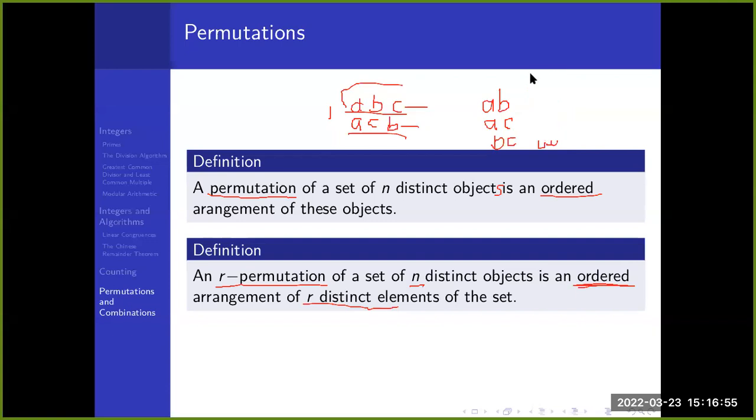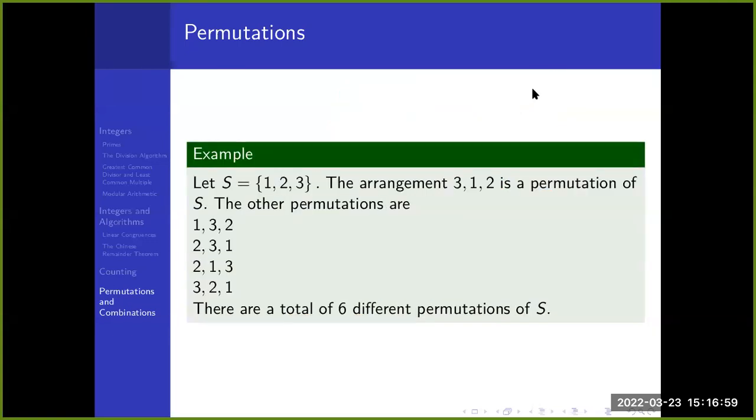So let's look at some examples. Suppose we have this set. This set has three elements. We can arrange them in this form with three as the first, one as the second, and two as the third.